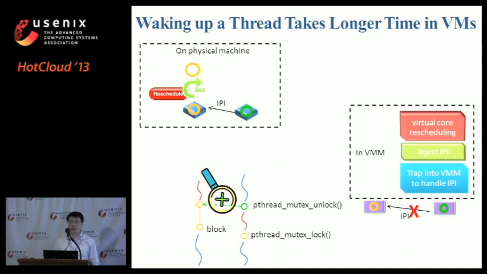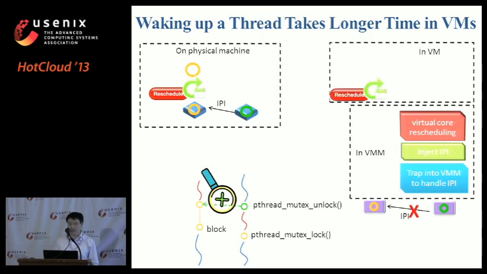If that virtual core is idle, if it's suspended, the virtual machine manager has to first schedule this virtual core and resume its execution. When this virtual core starts to run, we do rescheduling inside the virtual machine on that virtual core to wake up the thread blocked in pthread mutex lock.